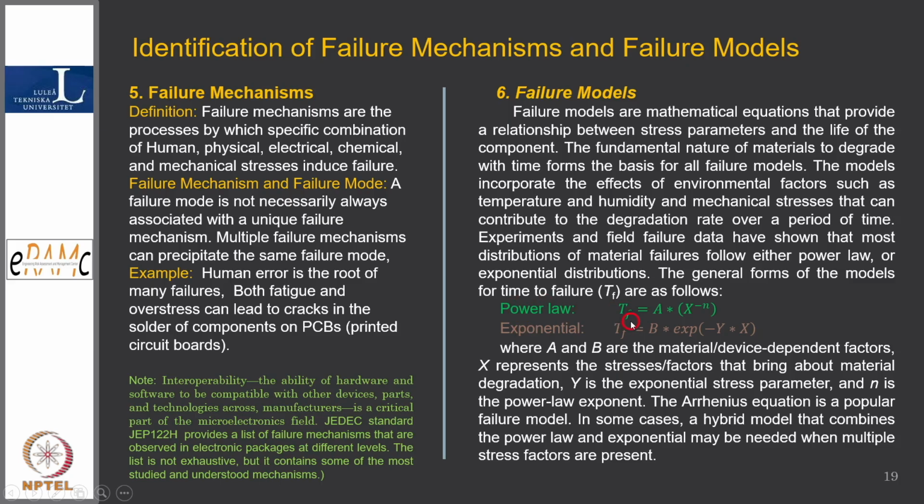That is the parameter of my interest out of POF, and this is some constant and this is some exponent, and that's the power law model. The exponential model is again some constant, maybe a process constant or material constant, and minus y and x are the parameters of the distribution.